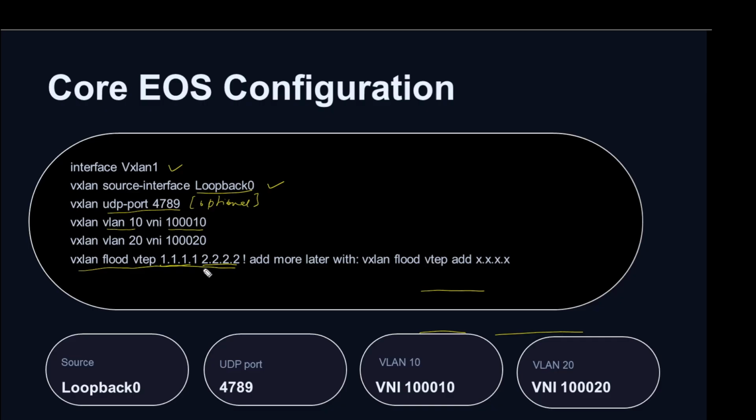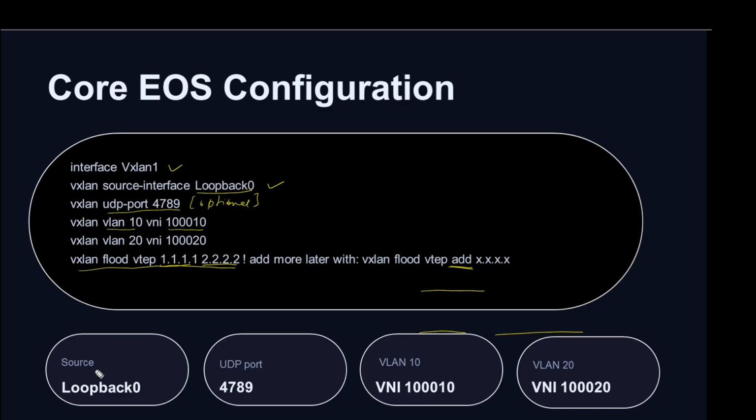Anytime we need to add another VTEP to the list, we must ensure that we add the keyword add. It's very similar to switchport trunk allowed vlan add, and then we add the VLAN ID. Similarly, when we need to add a VTEP to the flood list, we need to ensure that we add the add keyword. Otherwise, the existing VTEPs will be overwritten.